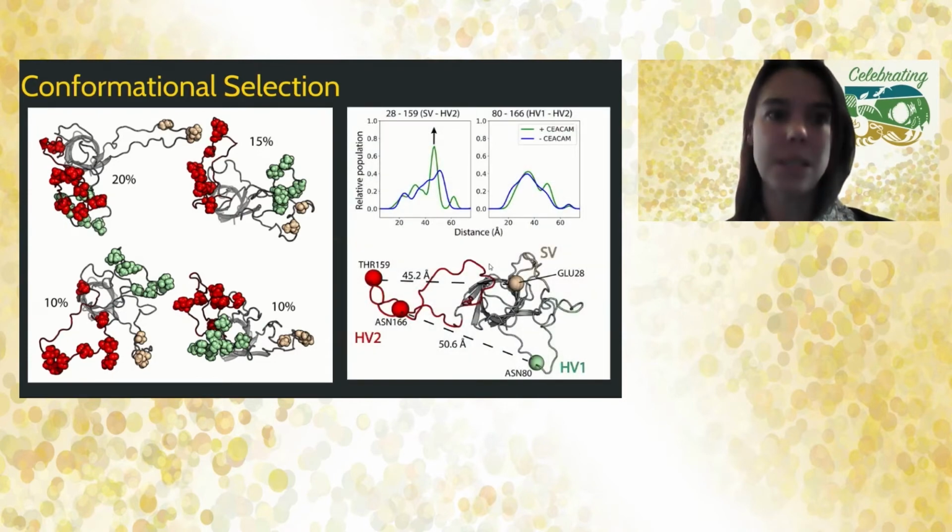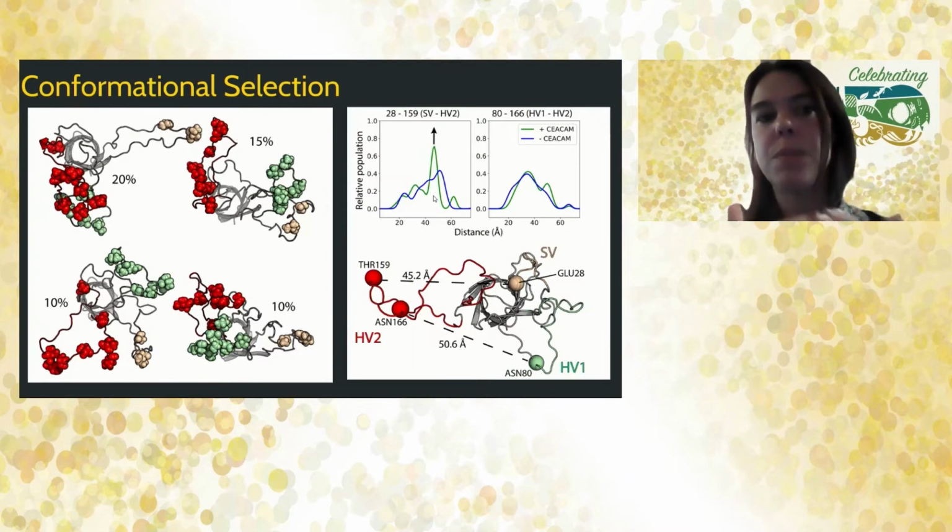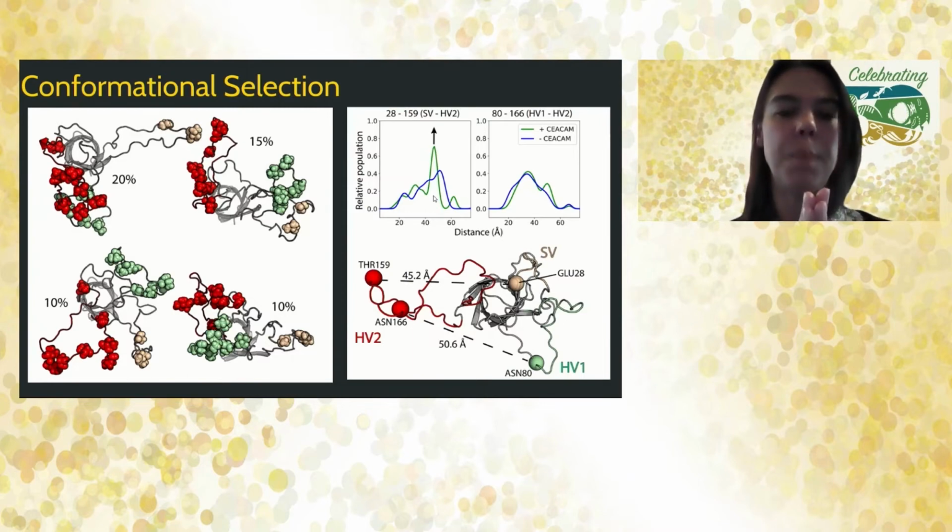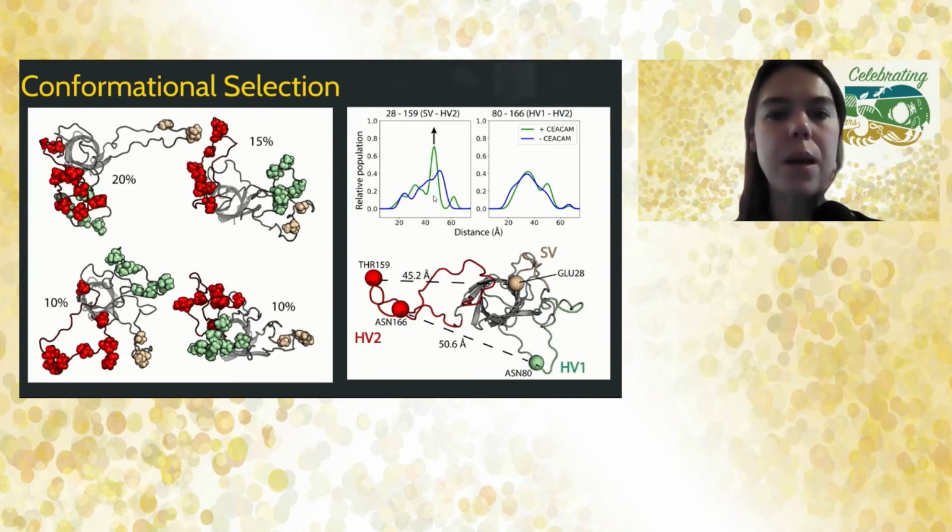Using the glycosylated form of the protein, in green is with CEACAM, we can look at these DEER distributions of the loops with and without CEACAM and see if certain populations that we've seen in the apo state ensemble are selected for. And if they are, we can continue to refine around those. So that's where we are at the moment.